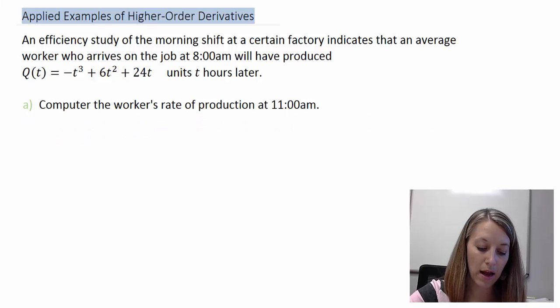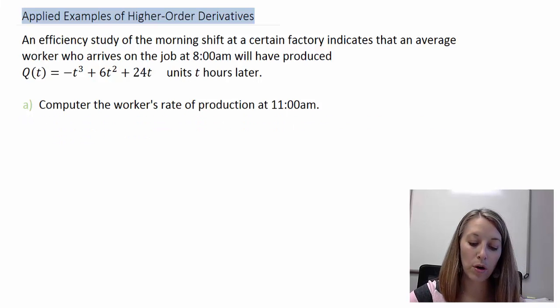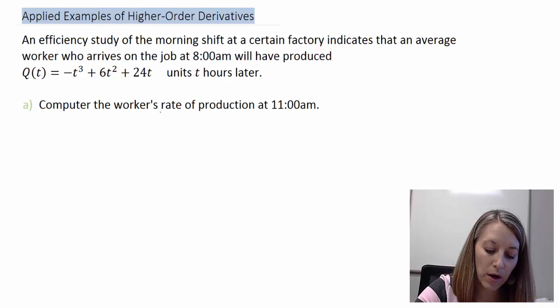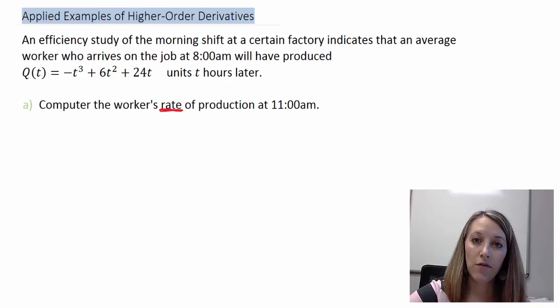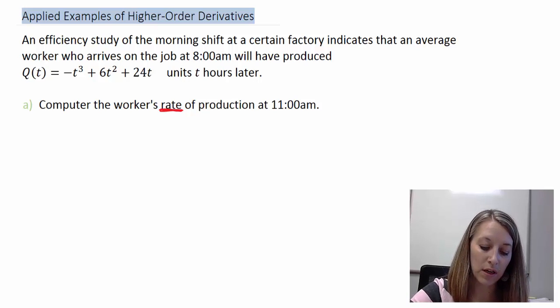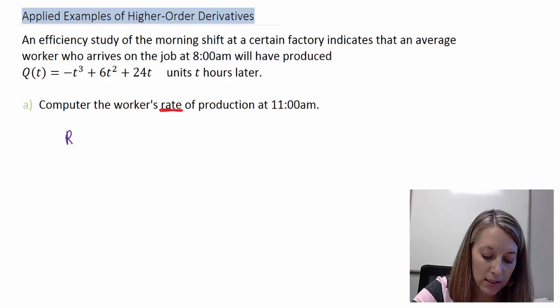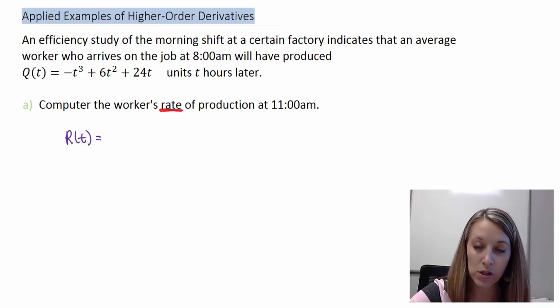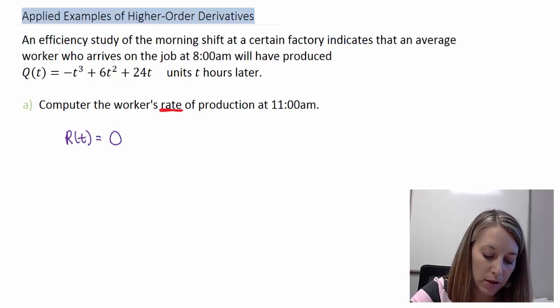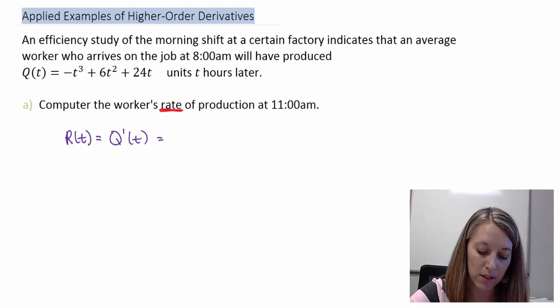Okay, in part A, we want to compute the worker's rate of production at 11 a.m. So our key word here is rate. We know that if we ever want to compute rate, then of course we're going to take the derivative. So our rate equation, which I'm going to label as R of t, comes from the derivative of our quantity equation, Q prime of t.